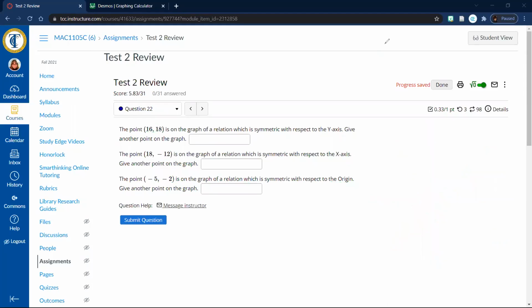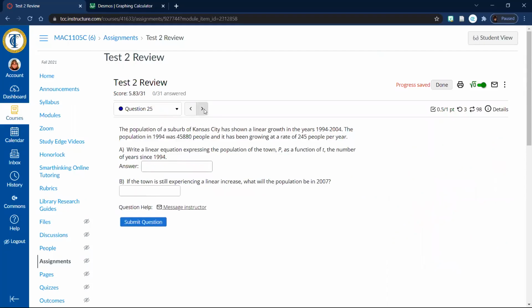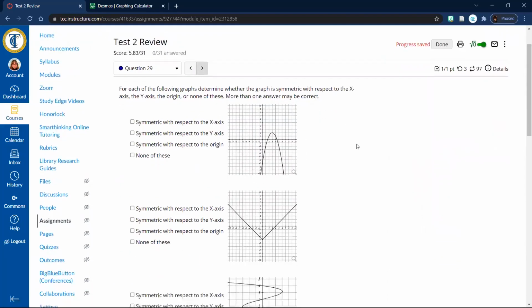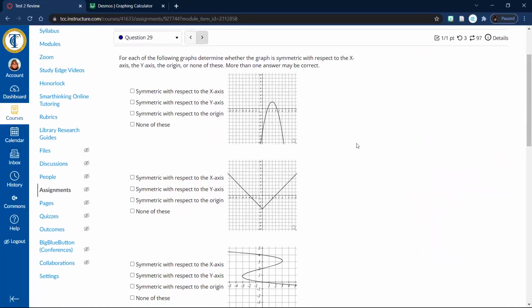All right. So let's find the graph one. We did that. We want this one. Okay. So we're going to look at these and decide whether they are symmetric with respect to the x-axis, the y-axis, the origin, or none.